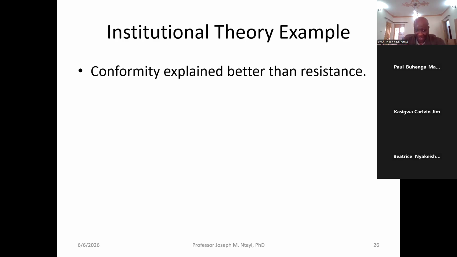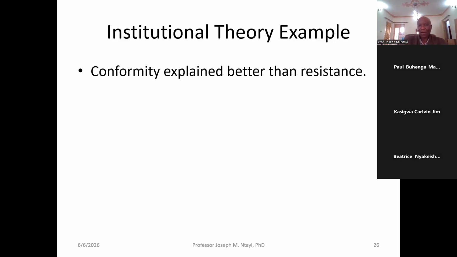If I have a business operating within a particular environment, I know that there are rules that relate to taxation. Uganda Revenue Authority will be on my neck. So they want me to disclose A, B, C, and D. But if I disclose, I'll close the shop. So what do I do? I become a little bit opaque in the way I do things. So I must actually look at the institutional framework.